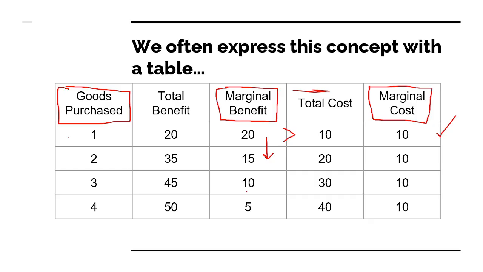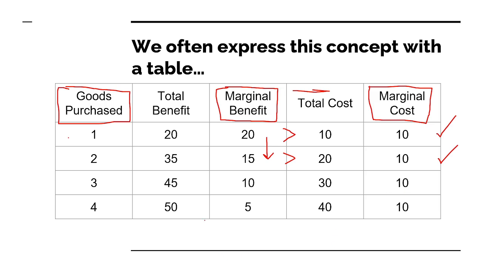Right? So our marginal benefit has decreased slightly, but our marginal cost is still 10. Right? So you take a look, marginal benefit 15 is greater than 10. We're good. Second slice of pizza, we enjoyed it more than it hurt us.